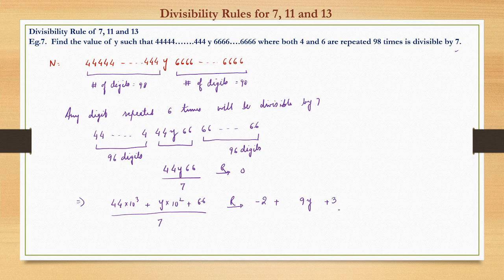So this is the remainder here. So this remainder should be of the 7k form, right? So if I simplify, 7k is equal to 9y plus 1, right?